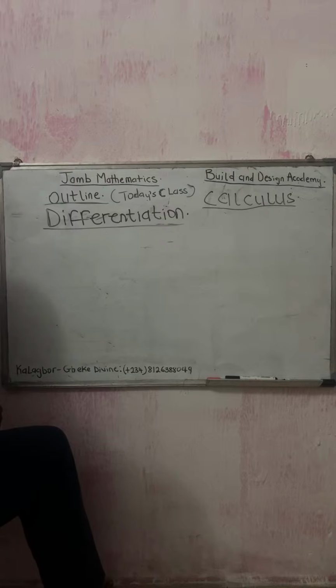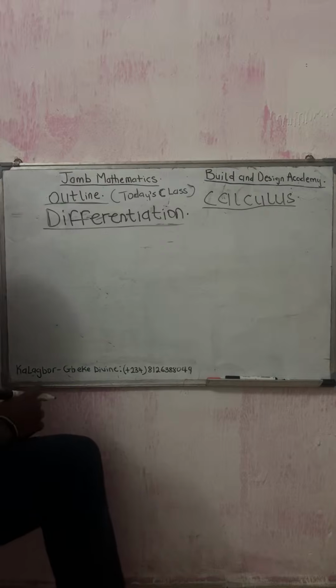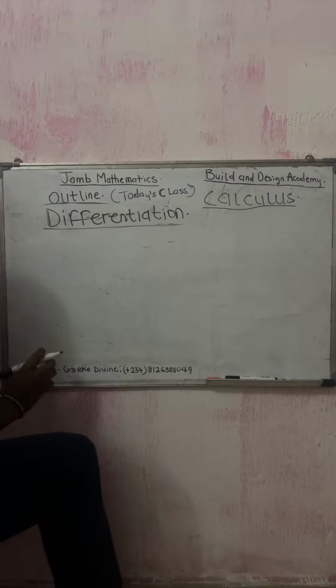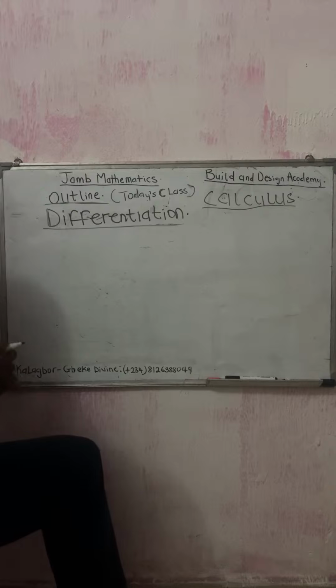Okay, let's proceed. So take down: differentiation measures the instantaneous rate of change, or the slope of the tangent line to a curve at any point.